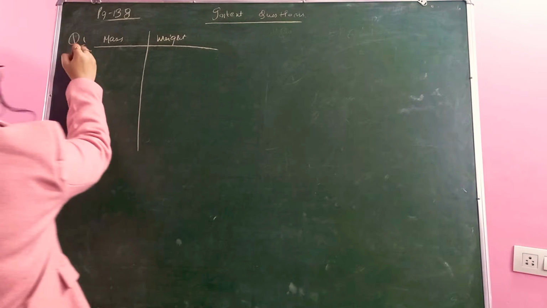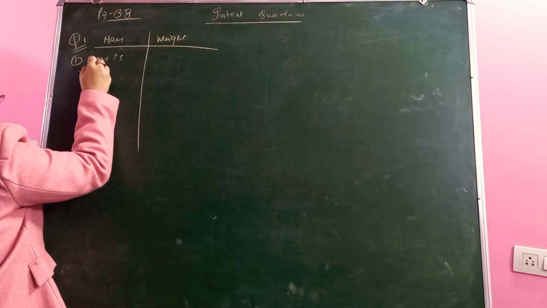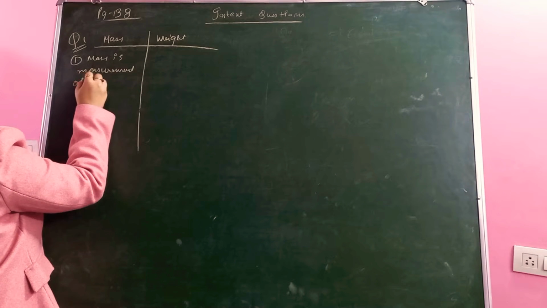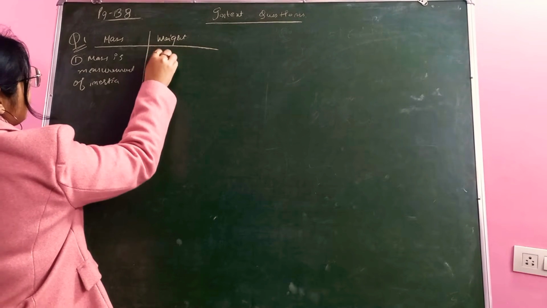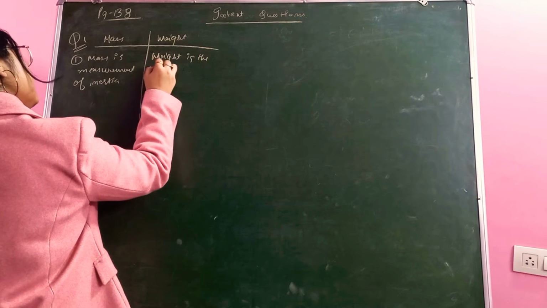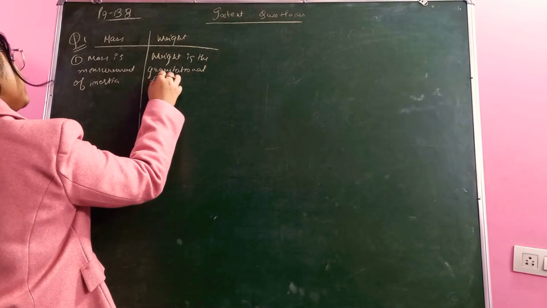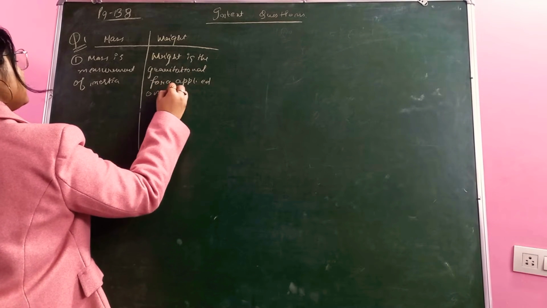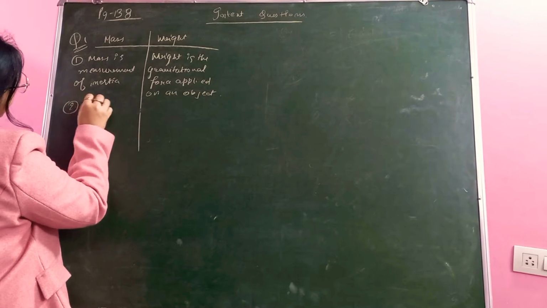So what is the difference between mass and weight? We know that mass is the measurement of inertia. And weight is the gravitational force applied on an object. Then SI unit of mass is what?